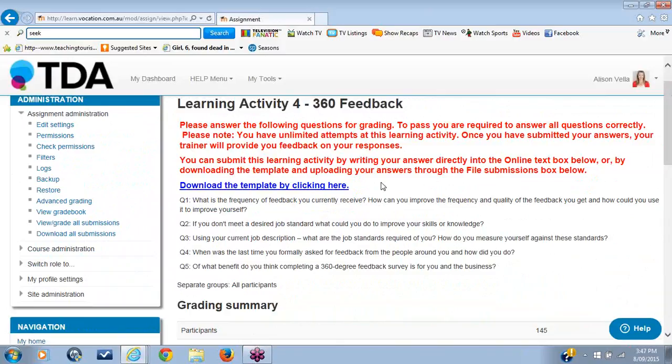Okay. Learning activity number 4, which is 360-degree feedback, has 5 questions. The very first question says, what is the frequency of feedback you currently receive, how can you improve the frequency and quality of the feedback you get, and how could you use it to improve yourself?